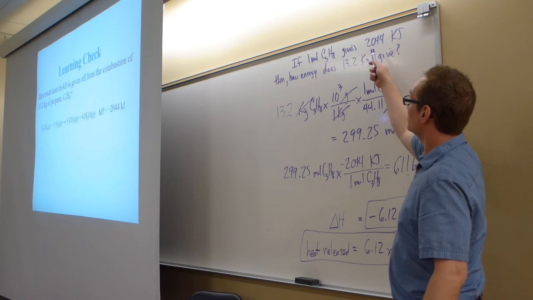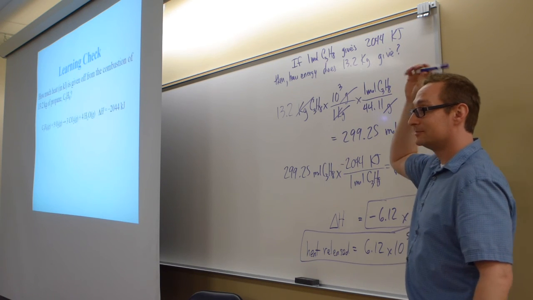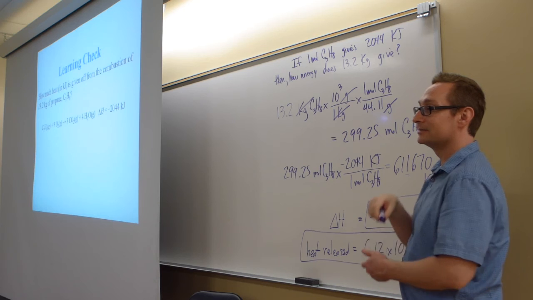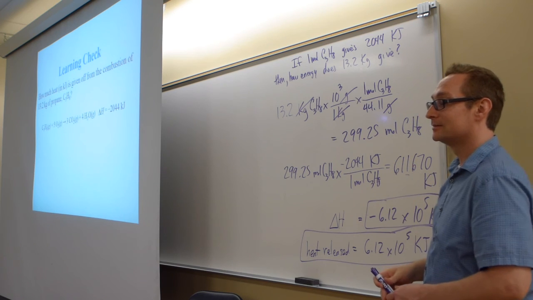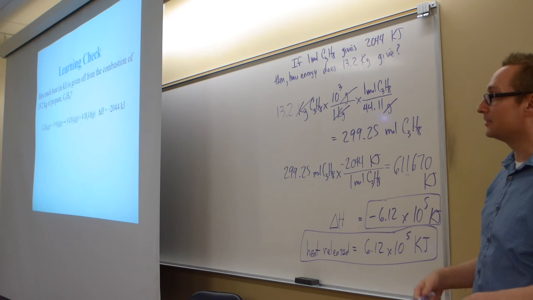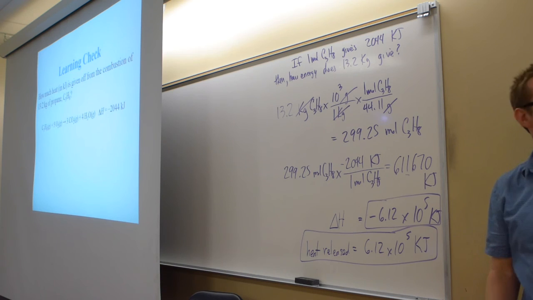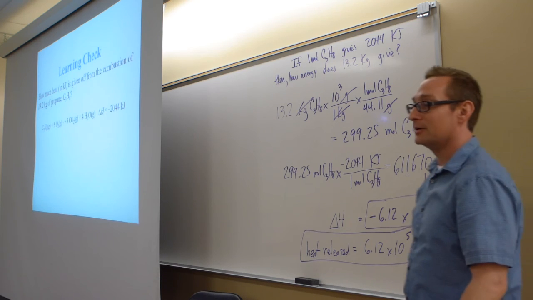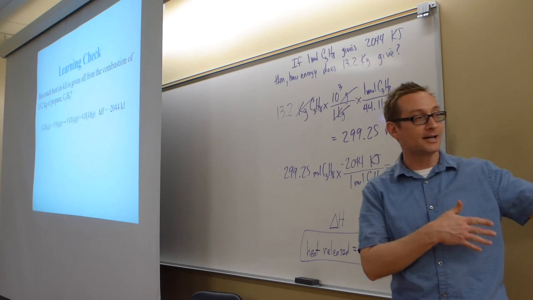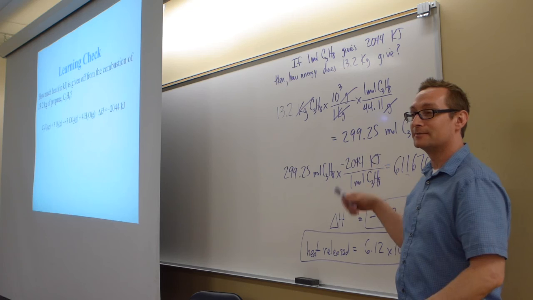Where does this 2044 come from? How did they get that? How did they measure enthalpy in general? Calorimetry, right? So this is how they got it, and this is just using it at that point.